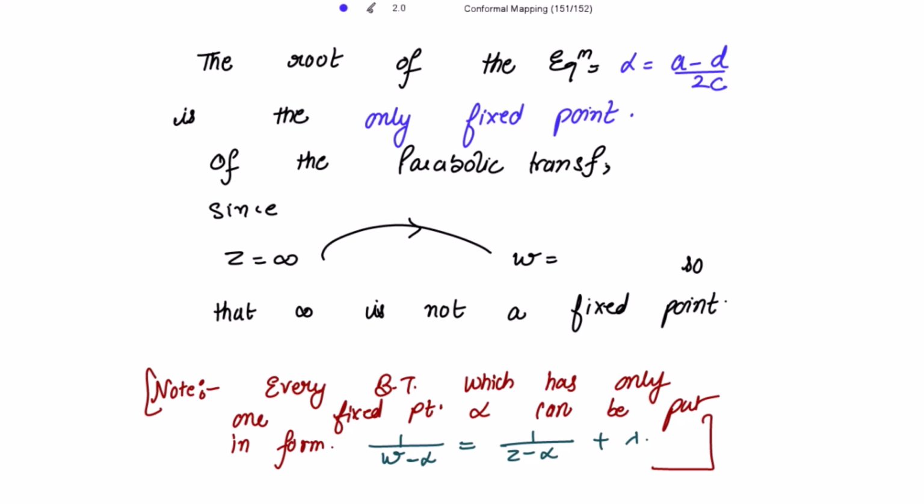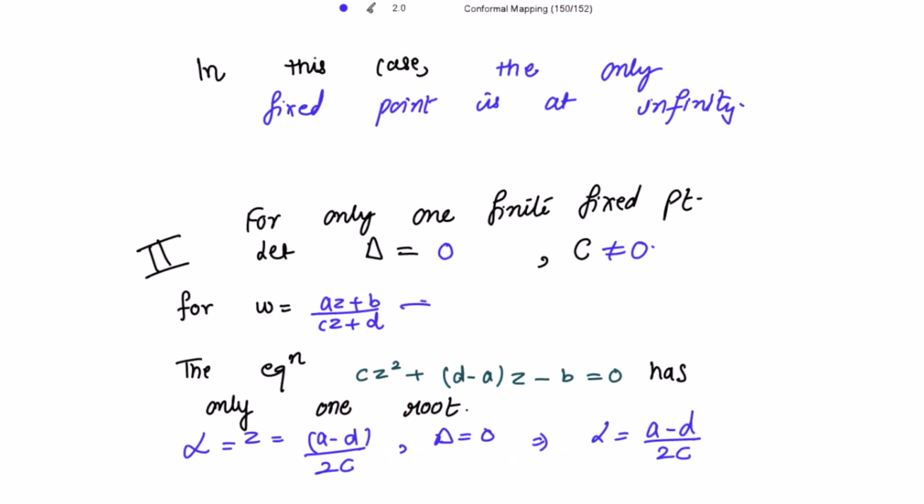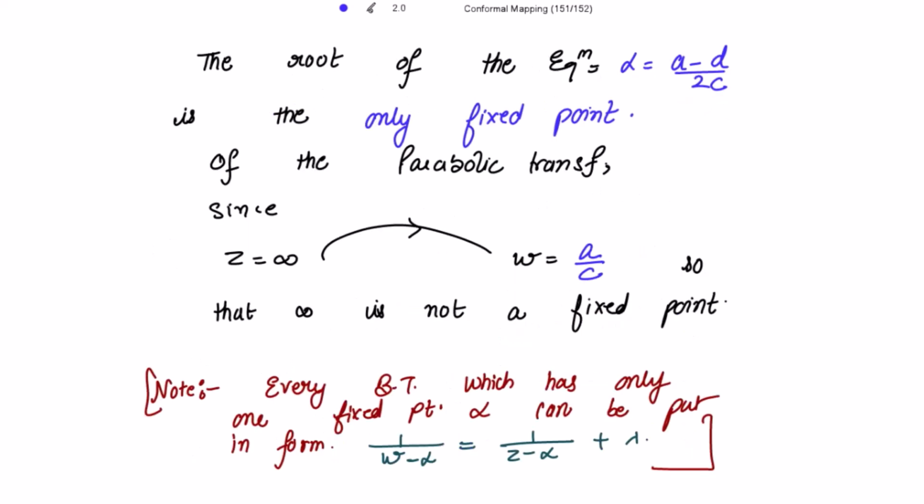Now since Z equal to infinity is mapped into W equal to A over C, if you take Z common, you get A plus B over Z over C plus D over Z. If Z is tending to infinity, then W will tend to A over C. So infinity is not a fixed point, because the only fixed point is A minus D over 2C.